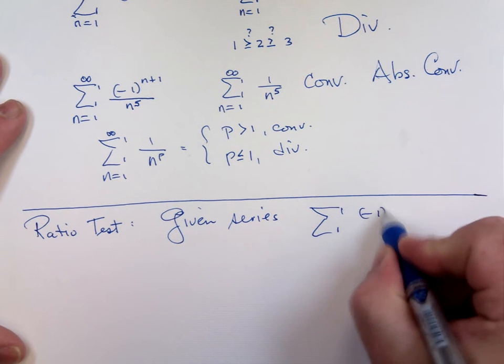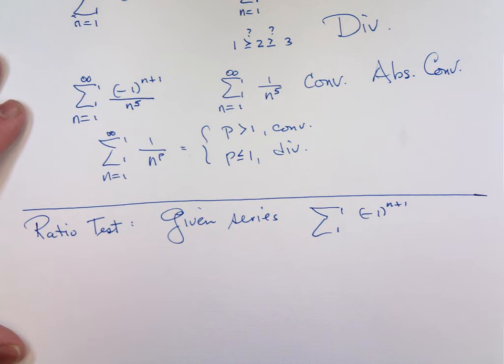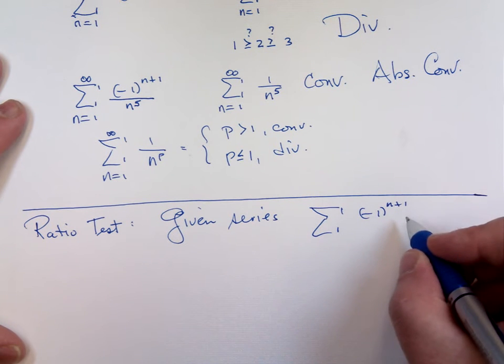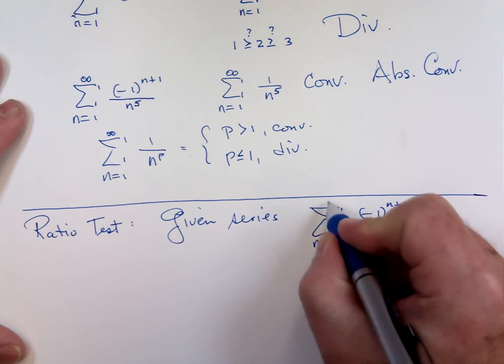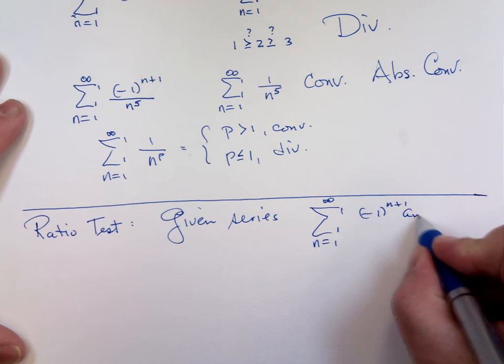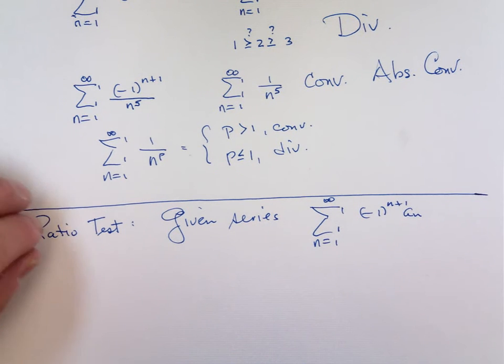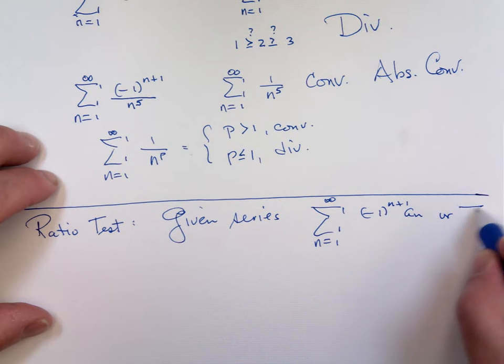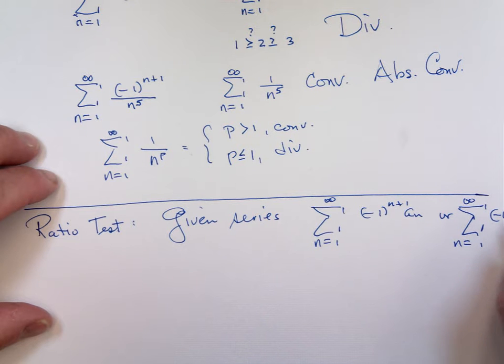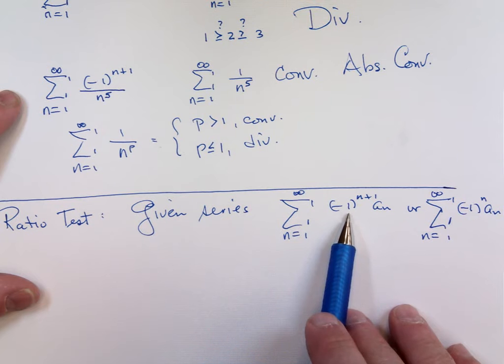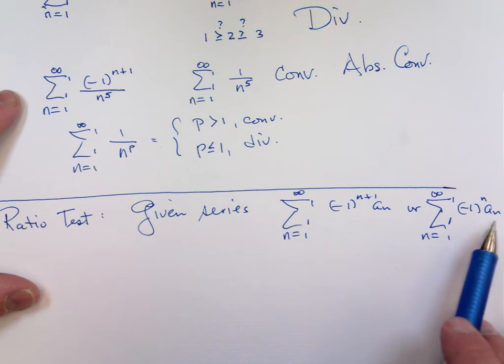You can have a series like this, or it could be either one. All it means is one starts out with positive 1 and then goes positive, negative, positive, negative, and the other starts out negative 1, negative, positive, negative, positive. It doesn't matter.